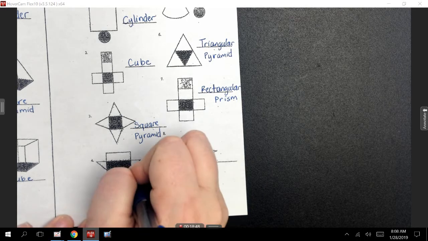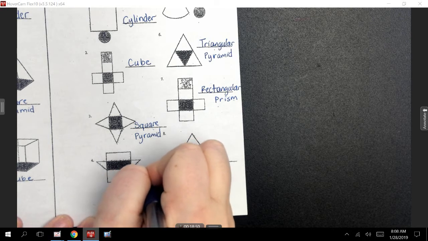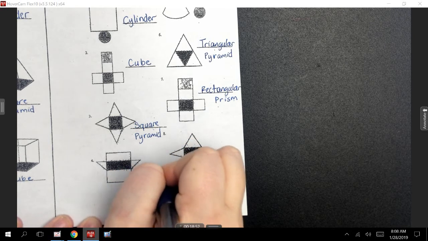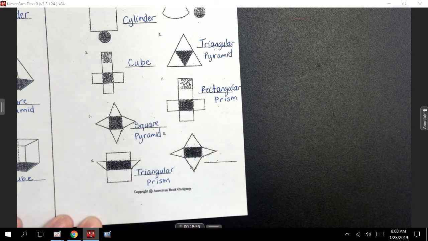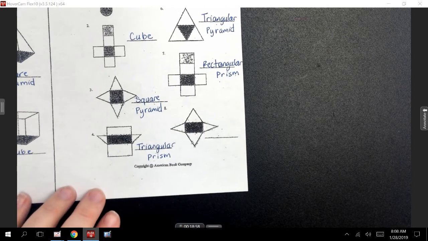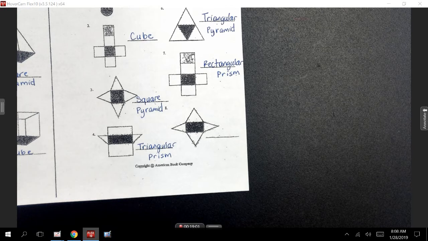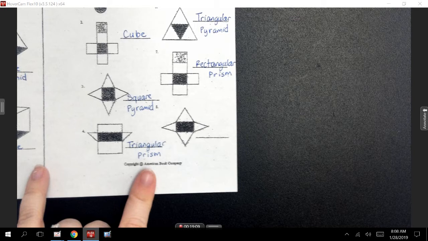Micah. Triangular prism. All right, and that has to be a prism because are there enough triangles there to make a point? No, those two cannot go together. They're going to have to wrap around with the rectangles, so it's a prism because there aren't enough triangles.